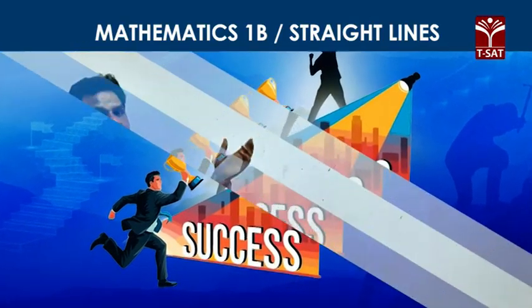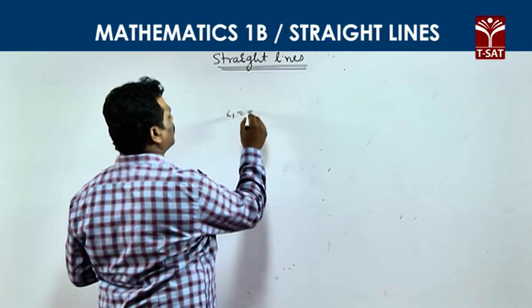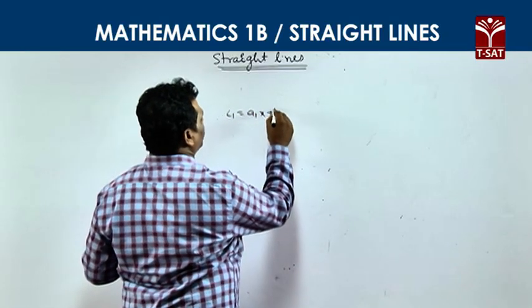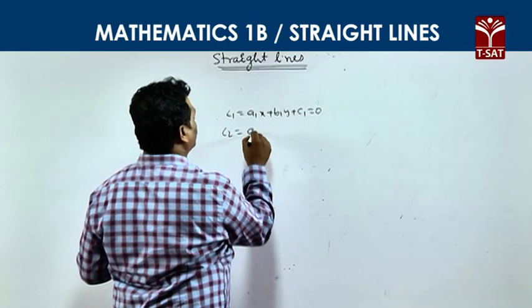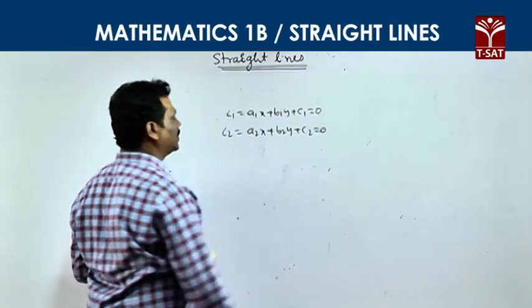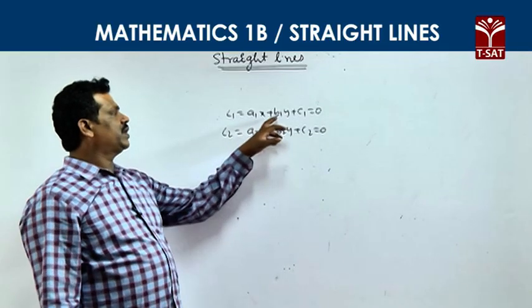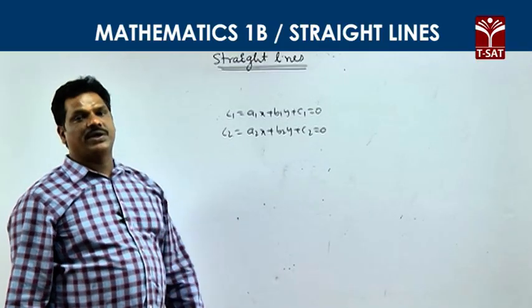For example, if two lines are parallel, what are the two lines? L1 is a1x plus b1y plus c1 equal to 0 and L2 is a2x plus b2y plus c2 equal to 0.